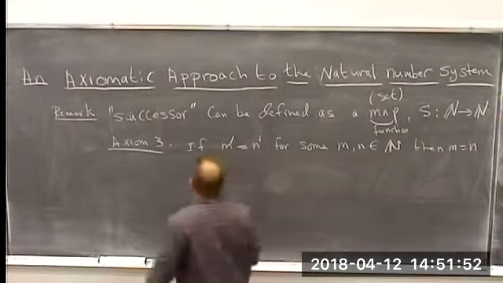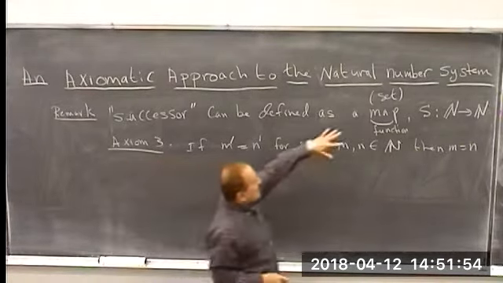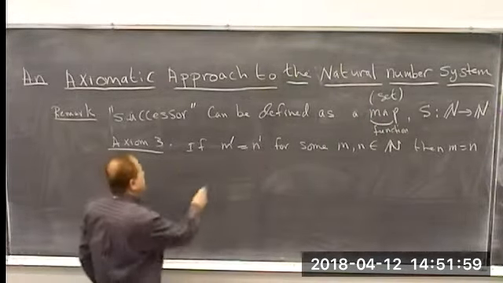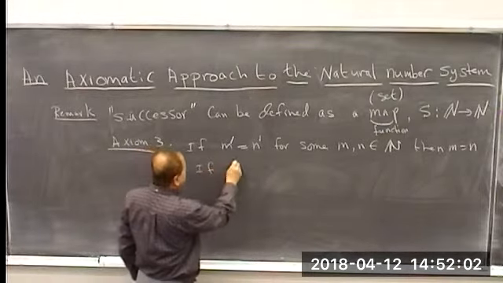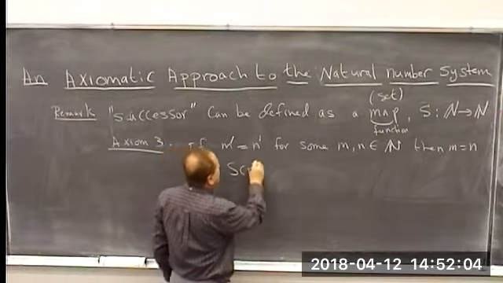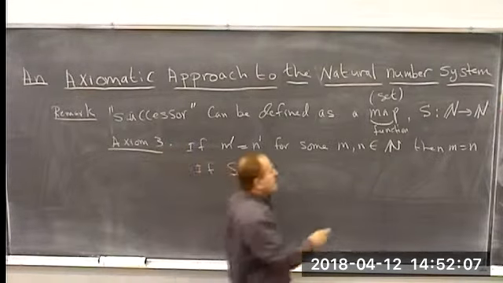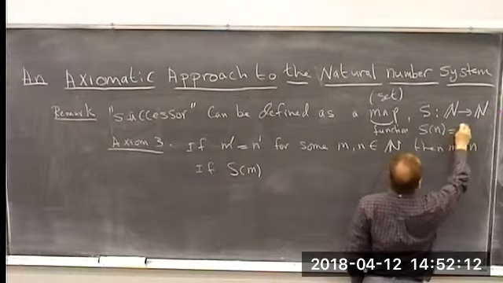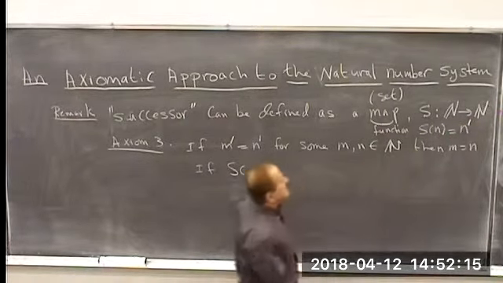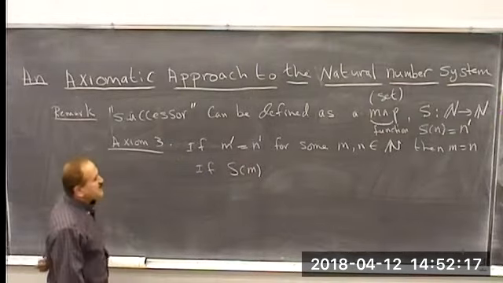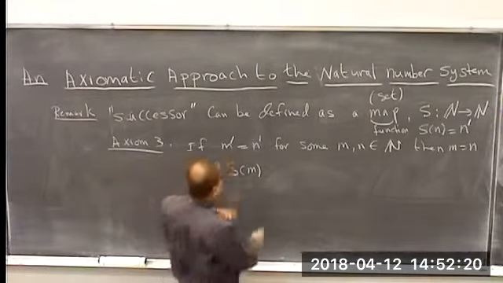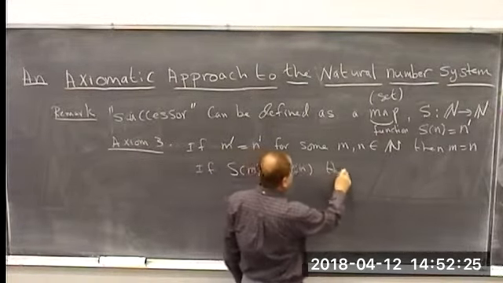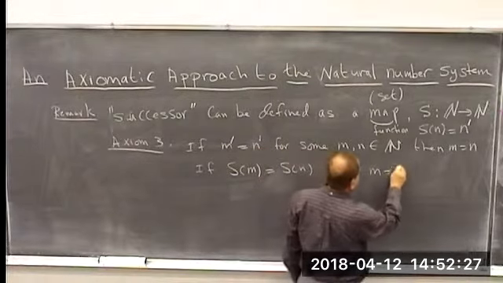If I translate this to the language of maths, using S, then this says that if S of m is equal to S of n, then m is equal to n.